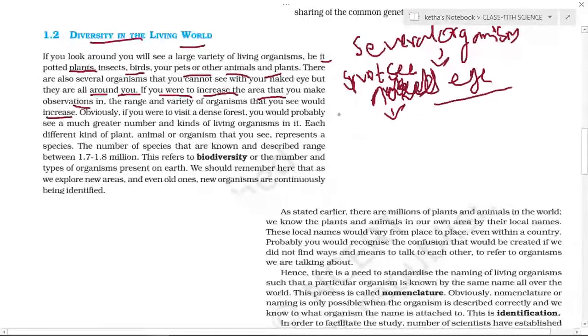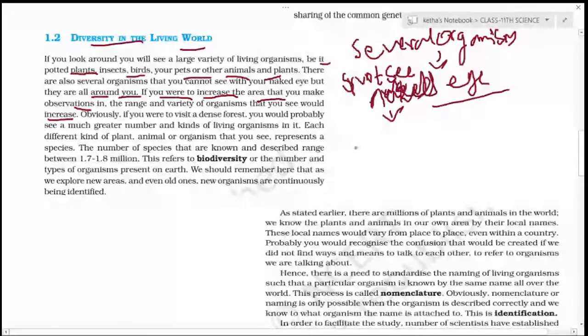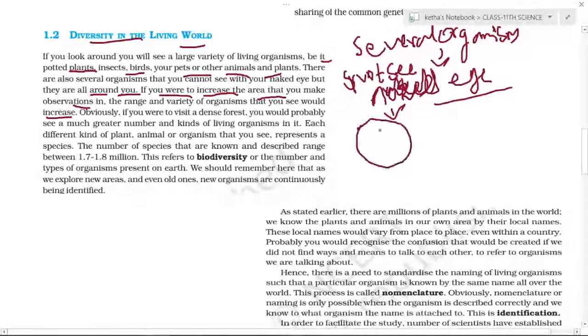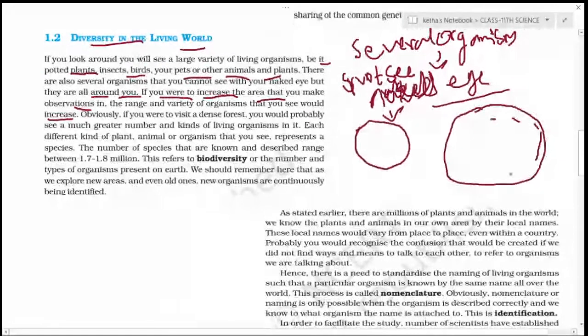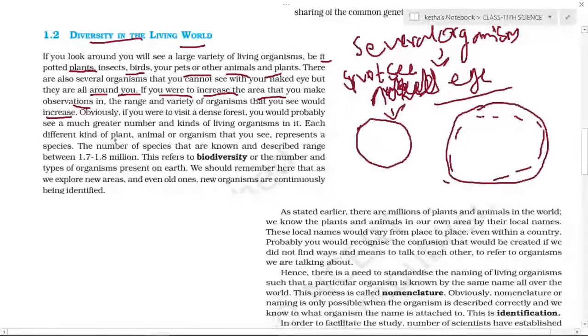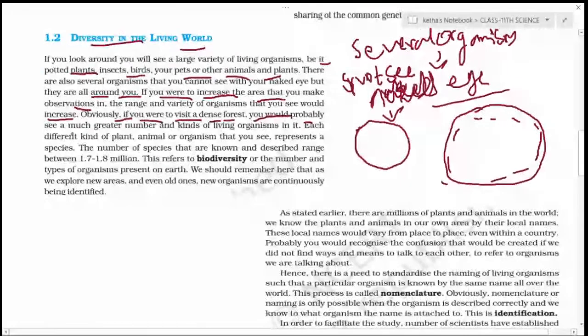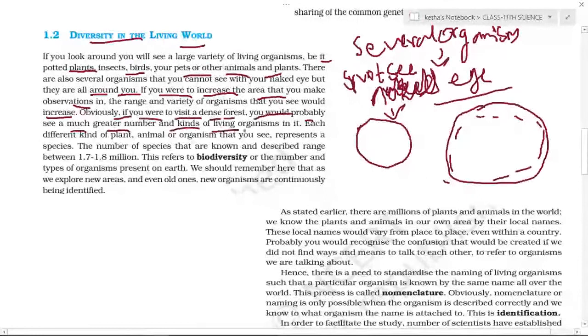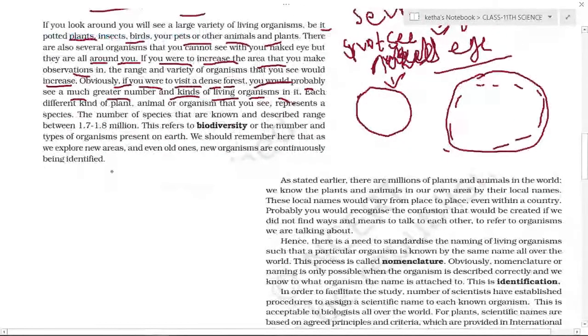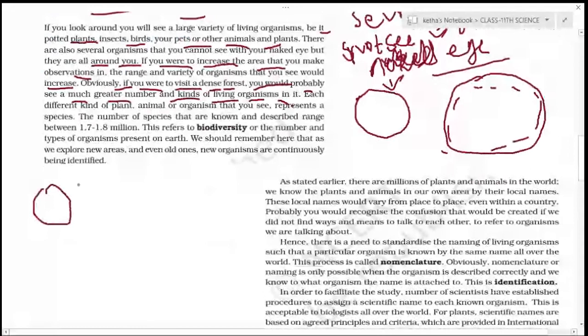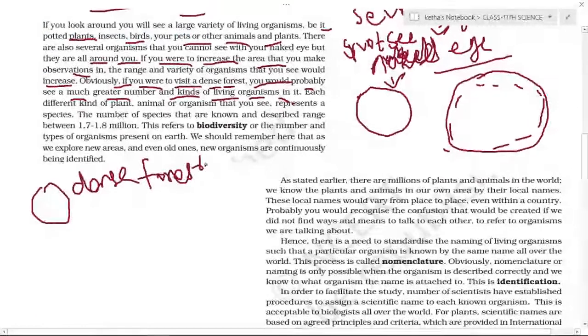Obviously, if you were to visit a dense forest, you would probably see a much greater number and kinds of living organisms in it.